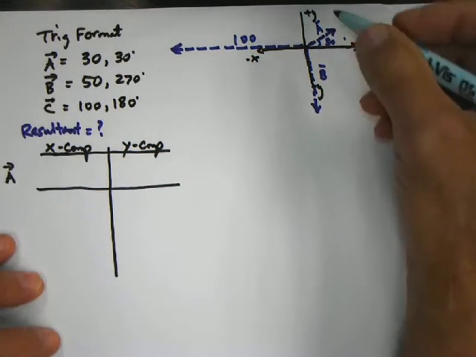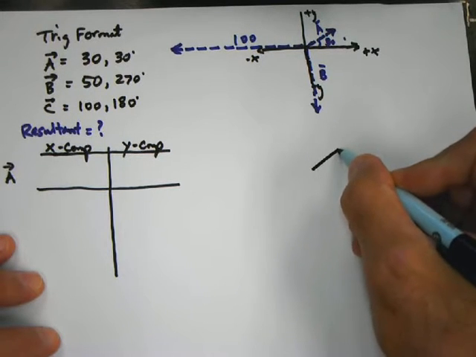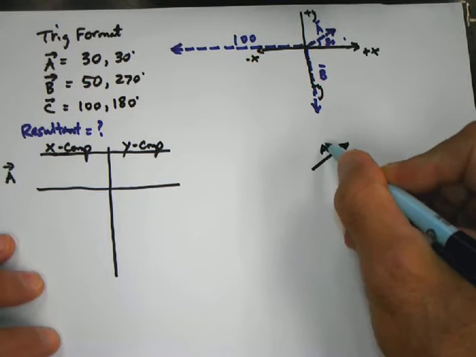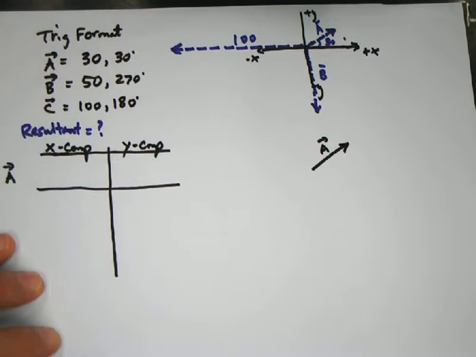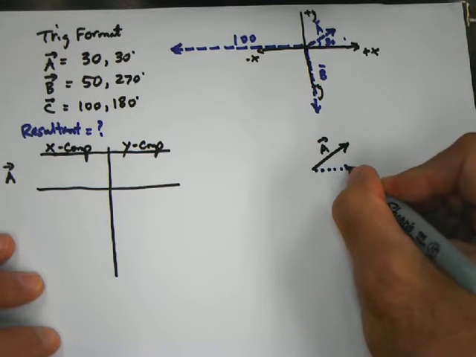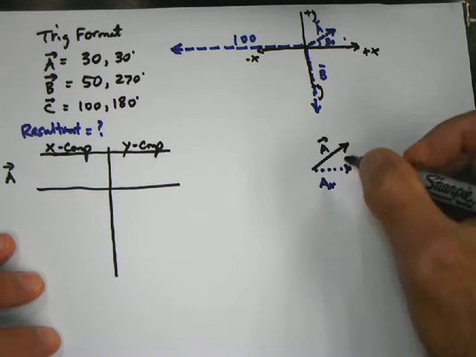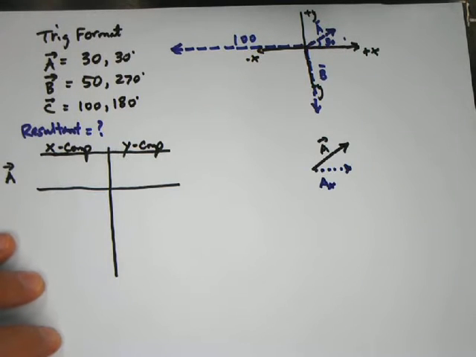Well, we can see that if I move that vector A down here, that vector A can be split up into a horizontal component there. We can call that A sub x, and then a vertical component here.